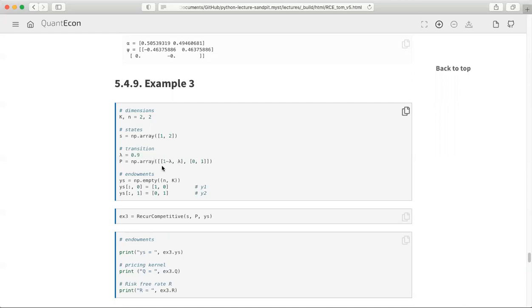So there's going to be a stationary distribution, but we aren't going to start from the stationary distribution. That would be very bad for one of the agents. We're going to start with an arbitrary point.